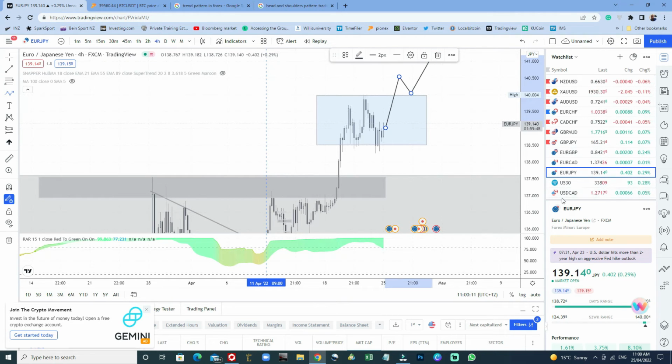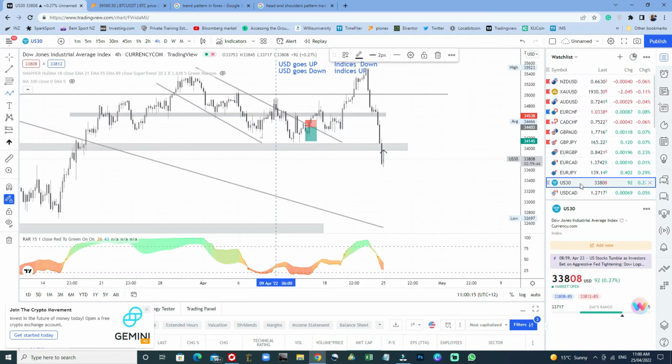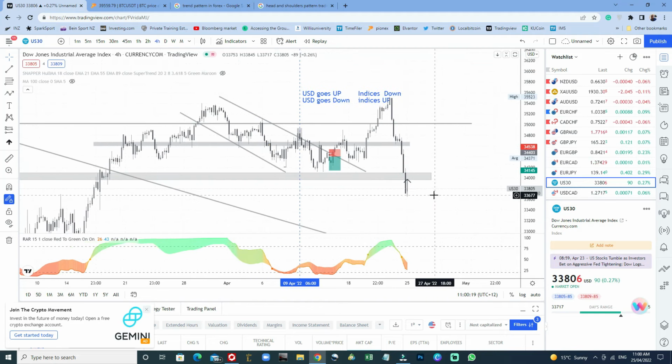So now, for now, let us take these indices. US30 is now showing a bearish signal. There was a change of direction from here. It pushed to the upside, then we have had an engulfing bearish candlestick here.